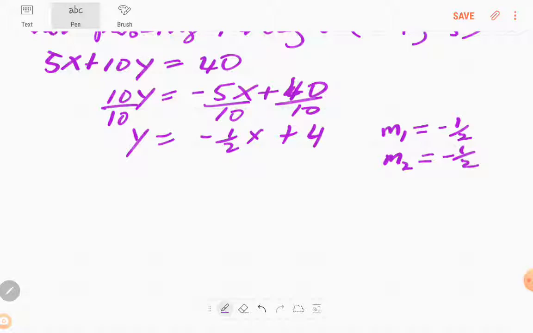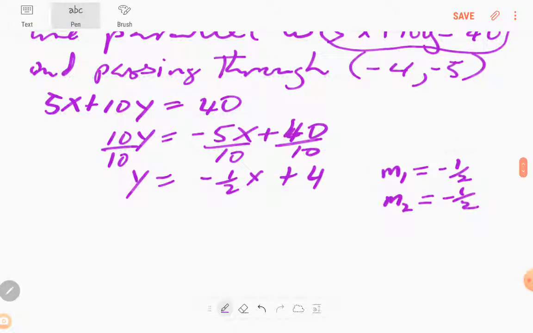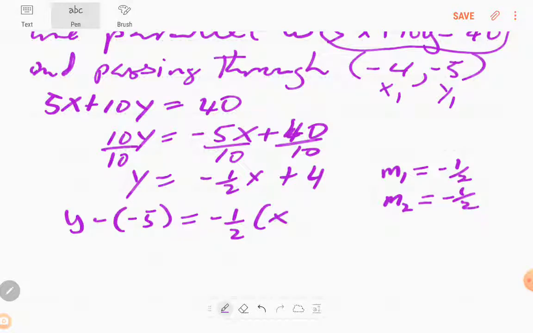Now here we are given a point, minus 4, minus 5, so this one we label x sub 1 and this one as y sub 1. So we're going to use the point slope formula. We're going to say y minus minus 5 is going to equal the slope, minus a half, times x minus minus 4.